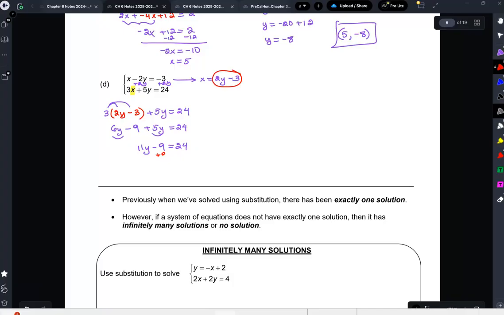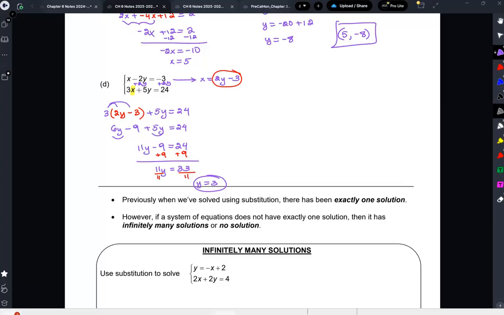Plus 9, plus 9, 11y is 33. Okay, I'm going to divide by 11. Y is 3.